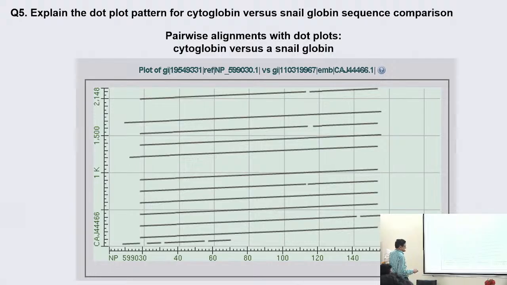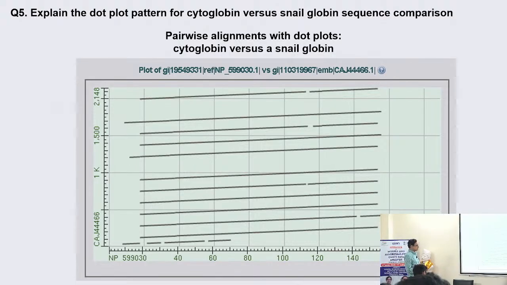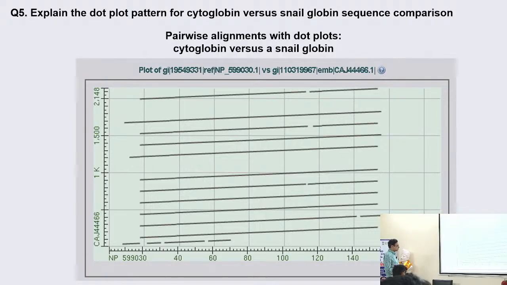Look at the human cytoglobin. From this position to this position, there is a match in a snail globin, and that match is from this position to this position. That's why you are seeing this first line.